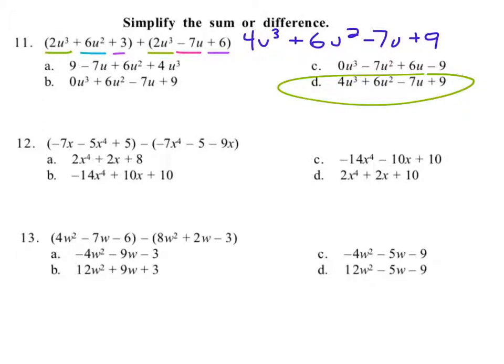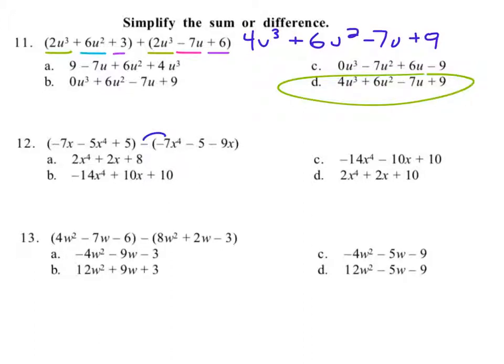Now, let's do this one. Number 12. Right here, this is a difference. They're subtracting. Notice that it says subtract the second polynomial. And since that's the case, we're essentially going to be getting the opposite sign for all of those second things.